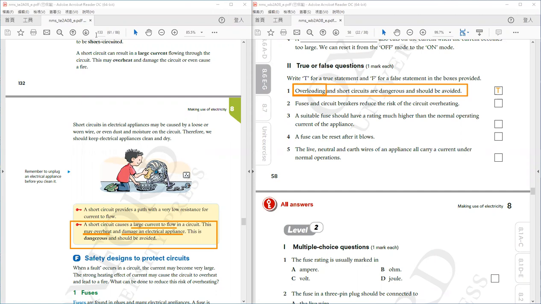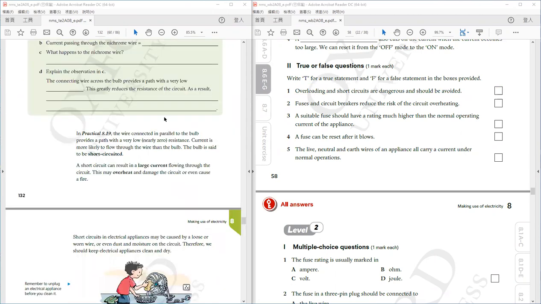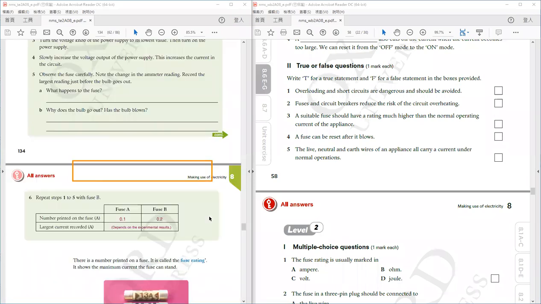So the second part, fuse and circuit breaker can reduce the risk of circuit overheating. Okay, let me find the correct part for you.